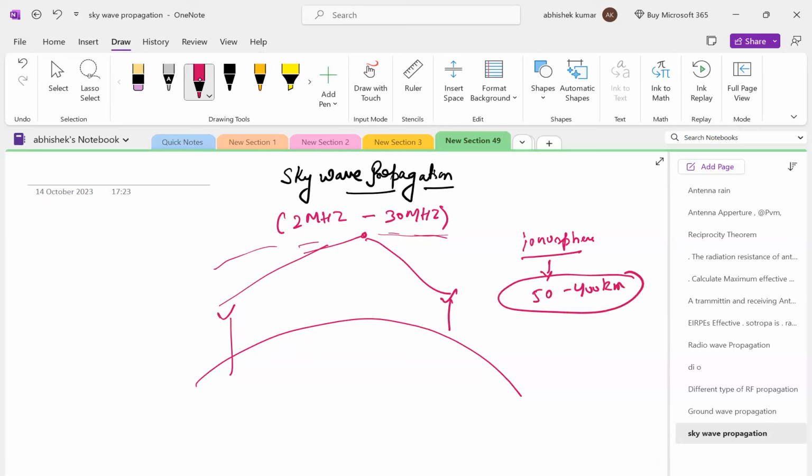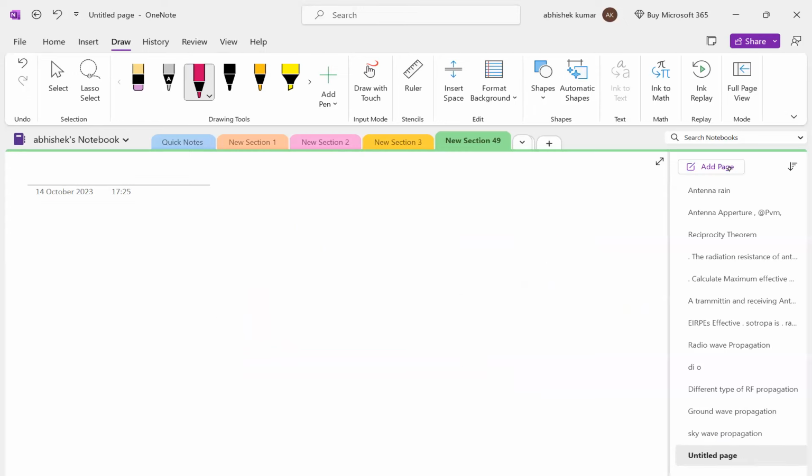I'm giving some formulas for sky wave communication. Suppose this is the ionosphere. The ionosphere is made up of different layers, which means we have different refractive indexes.